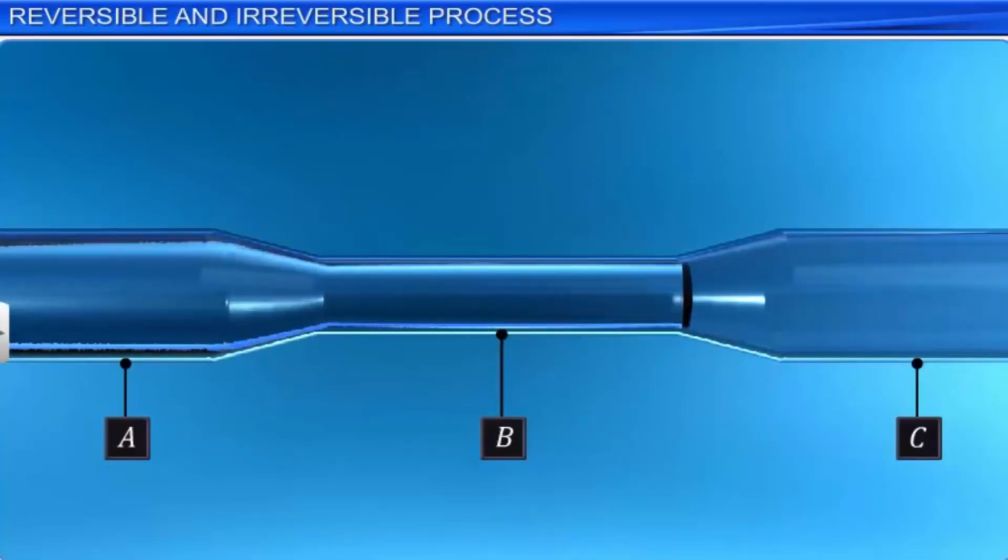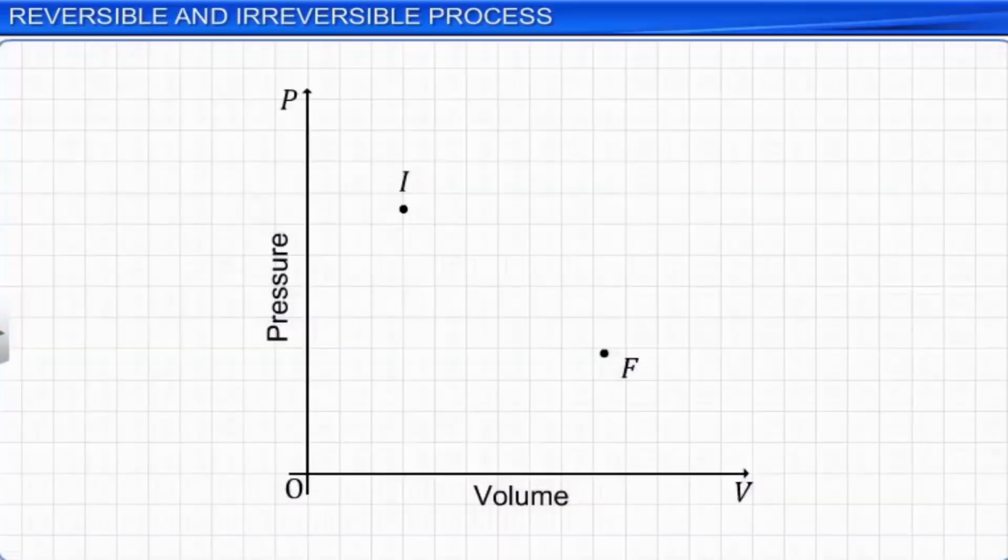There is another cause for irreversibility that arises due to the system passing through non-equilibrium states. When the system is passing through non-equilibrium states, we cannot identify the intermediate states of the system precisely.